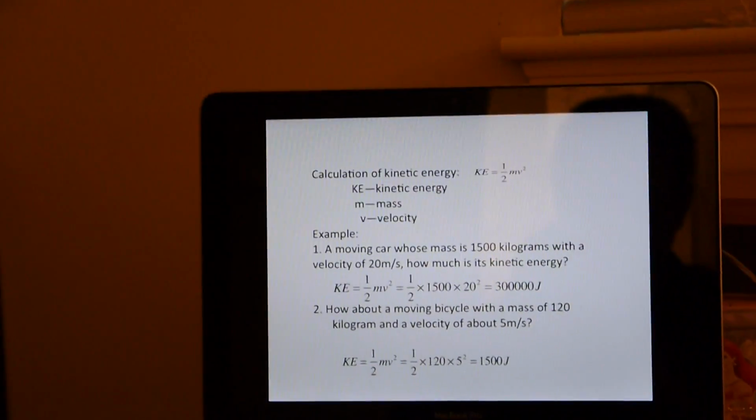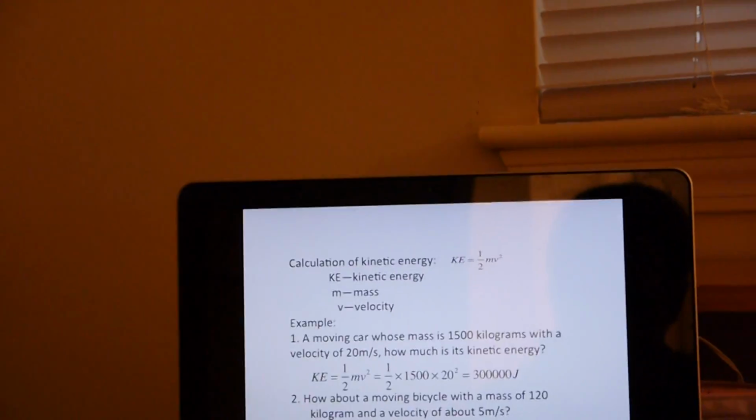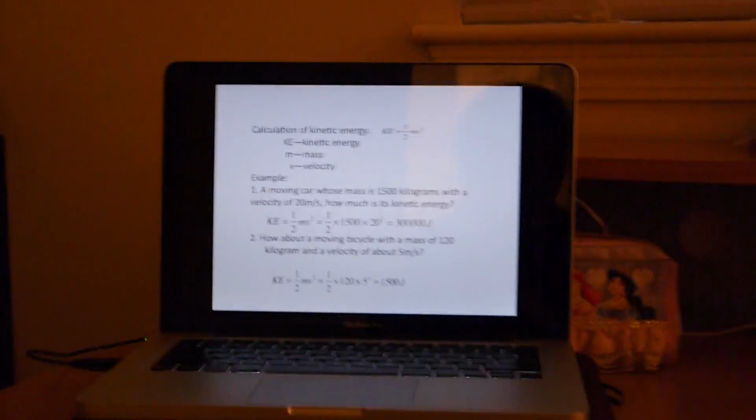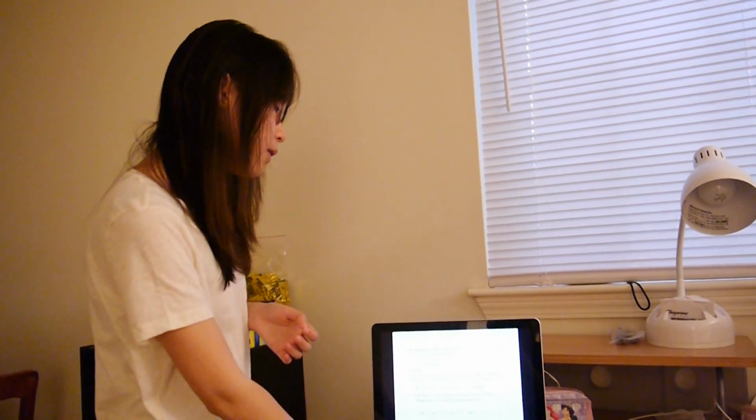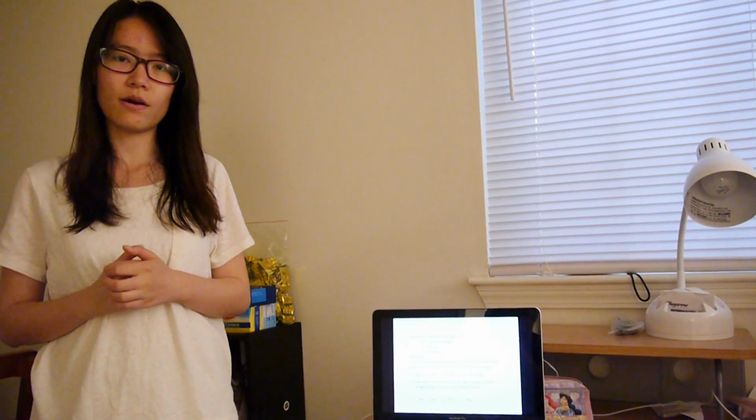So let's go back to the first question I asked you at the beginning of this lecture. Why does it hurt more when a person is hit by a car than by a bicycle? From these 2 examples, you know that the kinetic energy of a moving car is much greater than the kinetic energy of the bicycle.